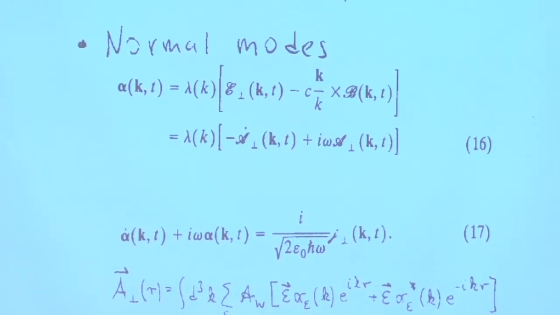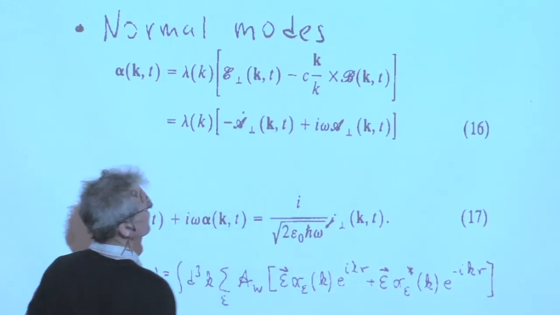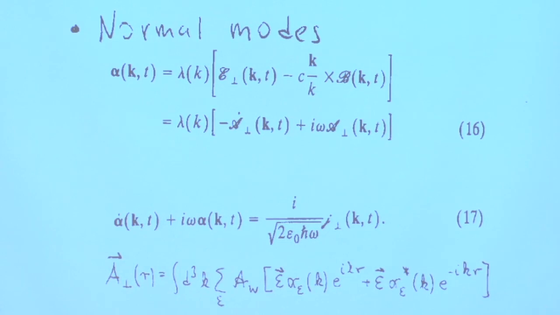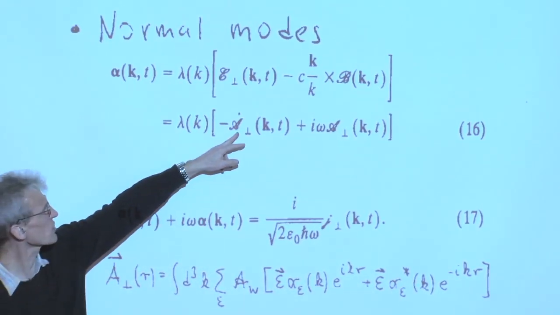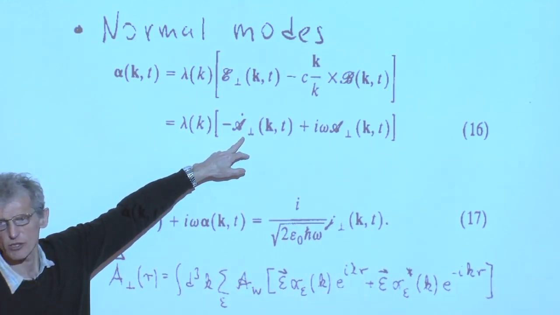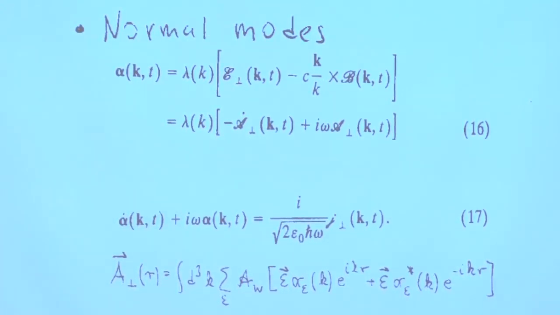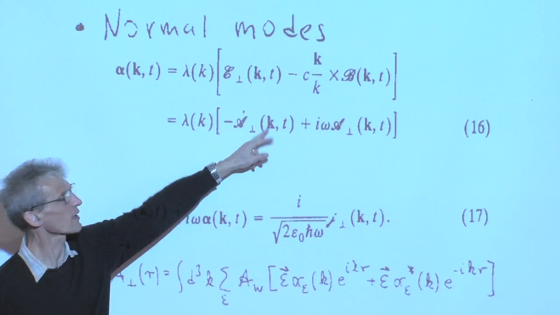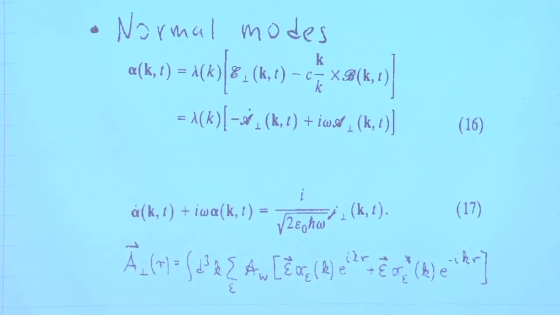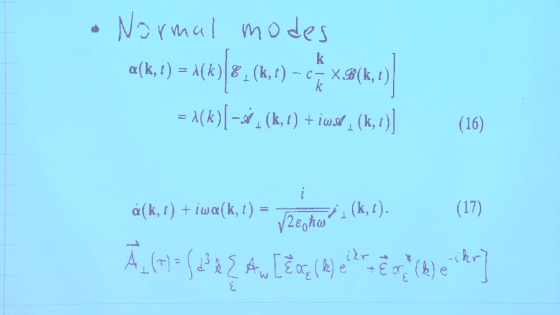Those normal modes can be defined by the original field, which are transverse, but since we have expressed the transverse field by the transverse vector potential, they can also simply be expressed by the transverse vector potential. So to remind you, we have done a Fourier transform in the spatial coordinate, but not yet in the temporal coordinate.